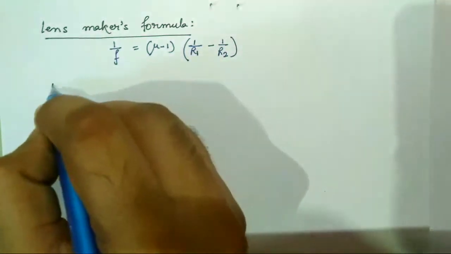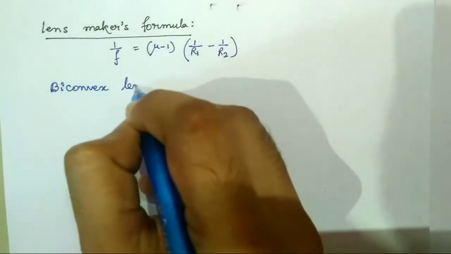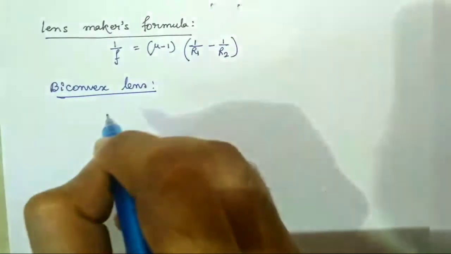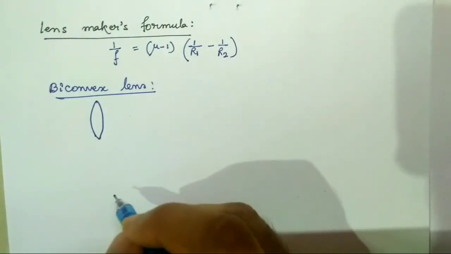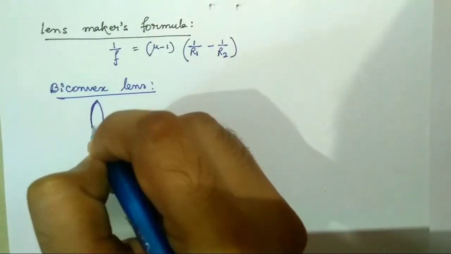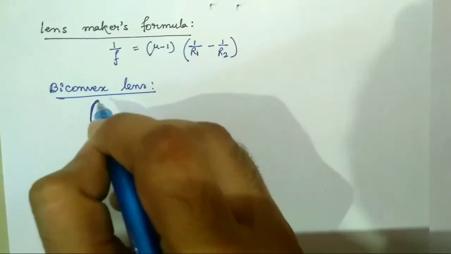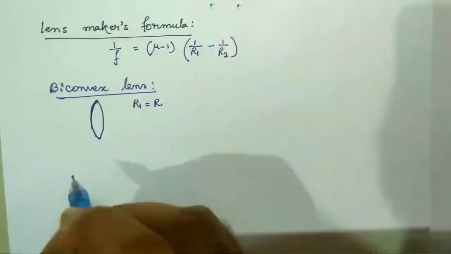Now for a biconvex lens, this is my diagram of the biconvex lens. The radius of curvature for this surface is given by r1 equal to r.